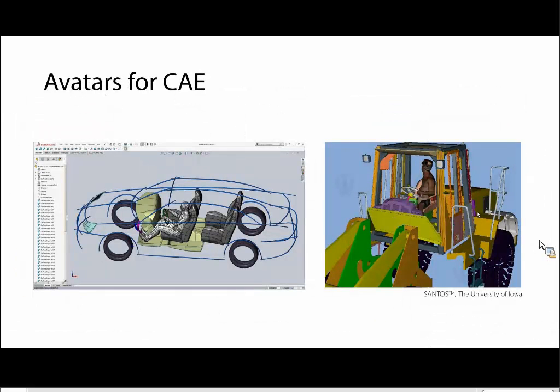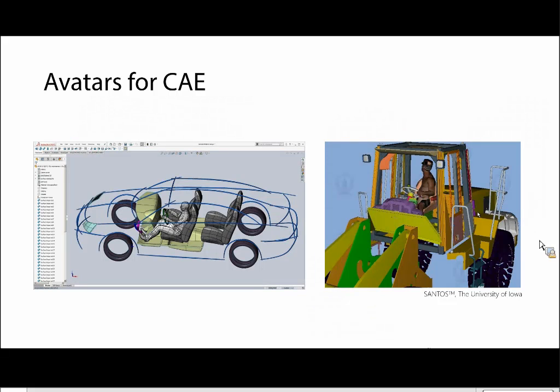Another way to think about the avatar is actually the physical simulation. So not the driving simulation, but we can also think about a situation where there's a computerized character inside of a CAD system. When the designers design a vehicle or other machinery, having an accurate anthropometric model inside of the CAD system is very important.